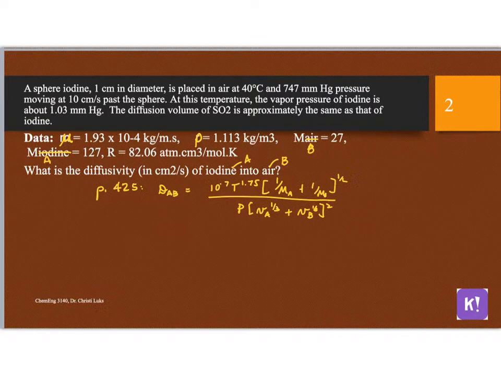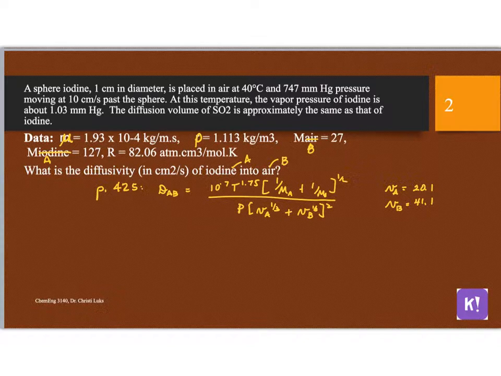If you look in the tables in the book, noting that A is iodine and we can use the diffusion volume of SO2, then V sub A is going to be 20.1, and for air, V sub B will be 41.1. So I'm going to plug these in.